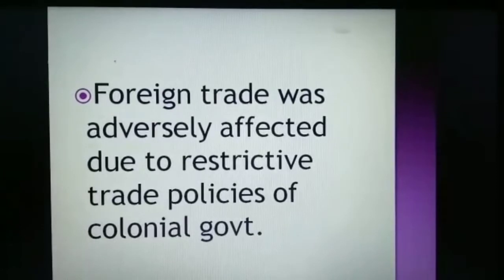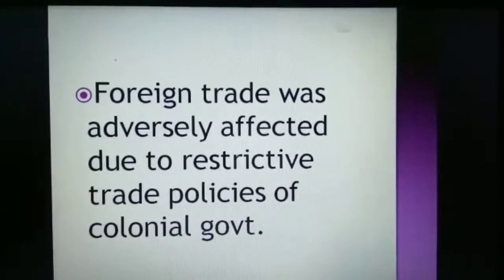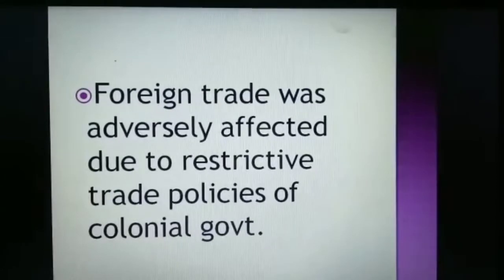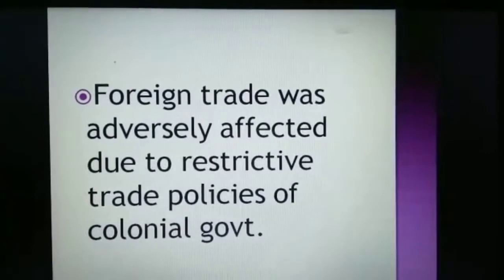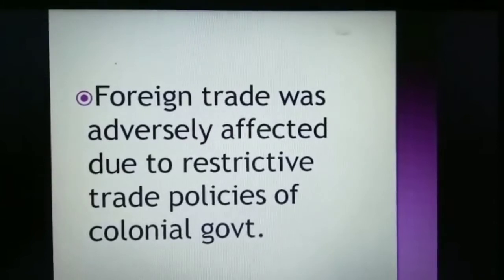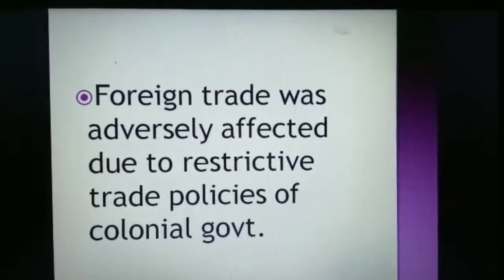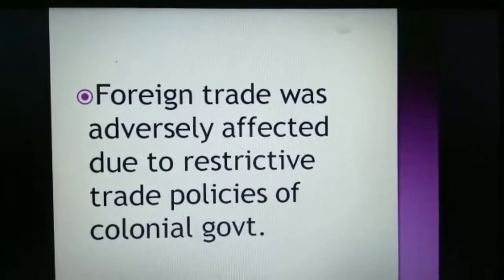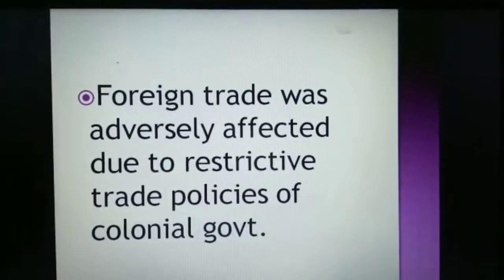But this foreign trade was adversely affected due to the policies which were started by the British government, and these were the restrictive trade policies. That means Indian traders were restricted from exporting as well as importing of goods and services.